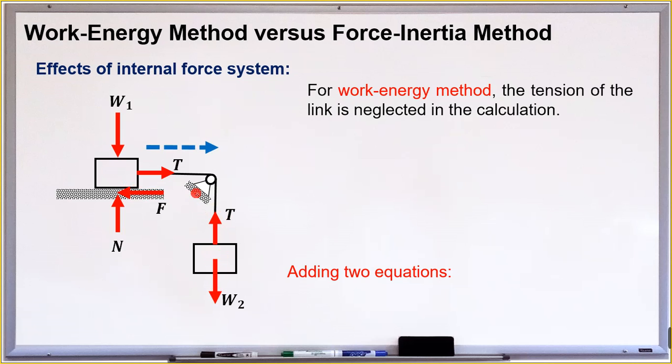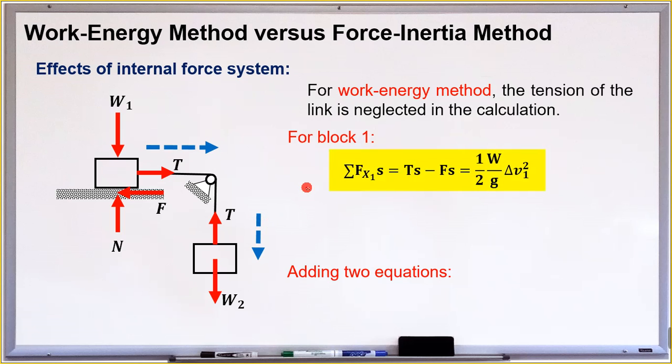Now if we let kani nga block ma-carried out towards the right, and then ang naka-hang block mo move downward. So for block 1, apply ta sa work and energy theorem.